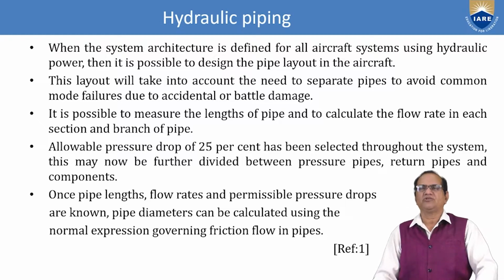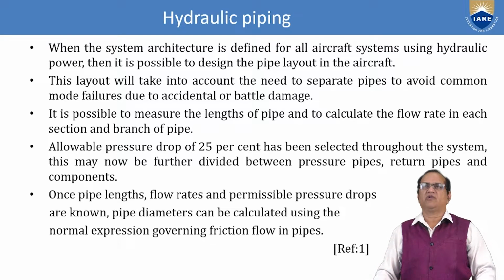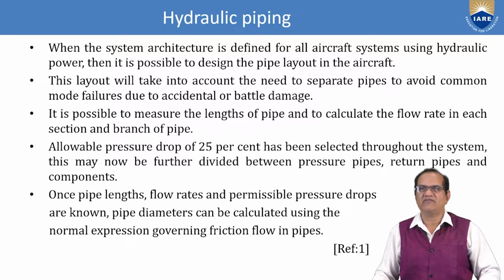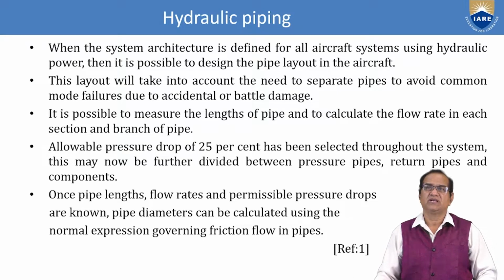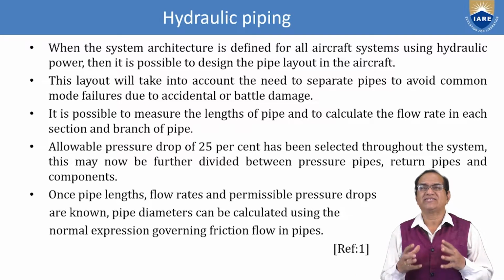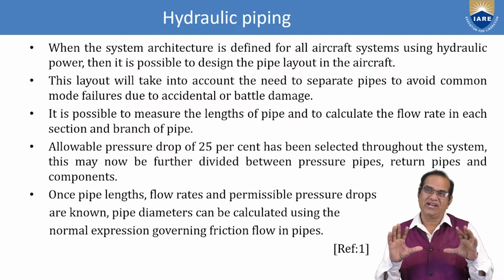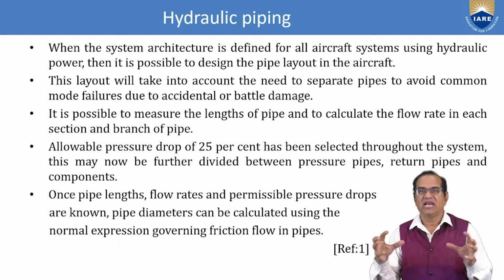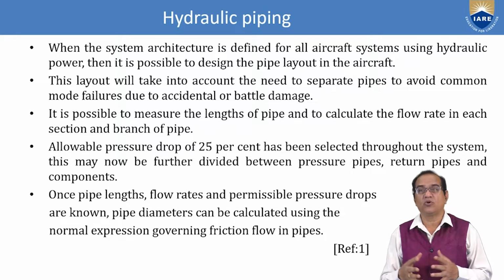Here I am going to talk about some introduction to hydraulic piping. When the system architecture is defined for all aircraft systems using hydraulic power, then it is possible to design the pipe layout in the aircraft. So first, we have to know the system architecture, how the hydraulic system has to be laid out and where the equipment is to be located.